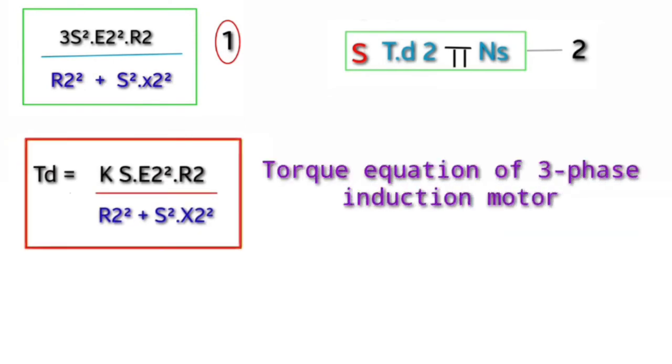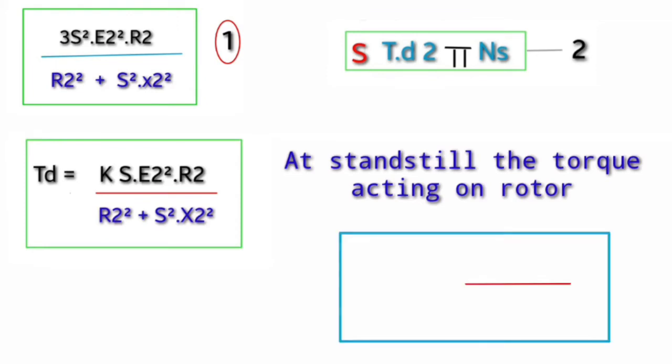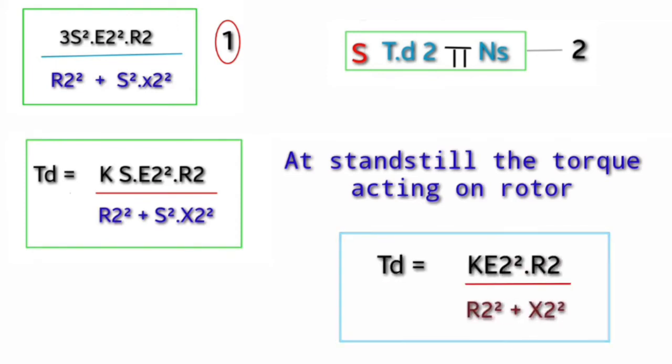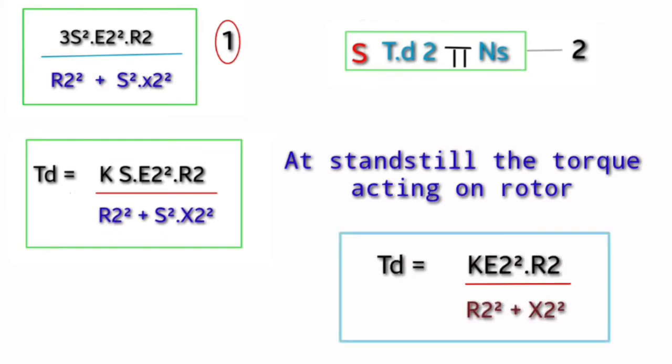E2 is the EMF induced at the second winding of the motor. R2 is the resistance at the rotor winding. And in the denominator, R2 again is the resistance at the rotor winding, and SX2 is the slip times the rotor reactance. So, by referring to this equation, you can manipulate any of these to increase or decrease the torque.